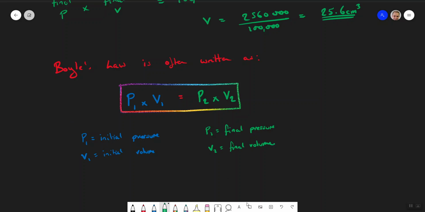So using those together, you can rearrange it. If you want to know the final pressure, it's P1 times V1 over V2.